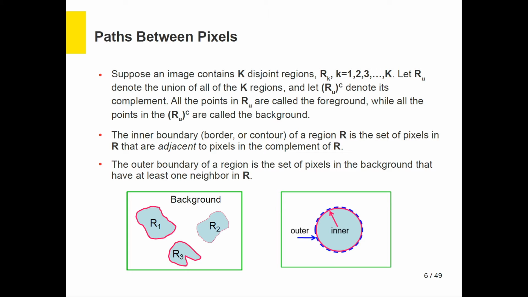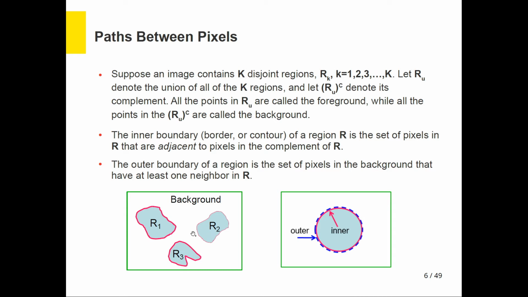So inner boundary contains only pixels that are adjacent to the background pixels, but they are part of the region itself. On the other hand, the outer boundary of a region is the set of pixels in the background that have at least one neighbor in R.